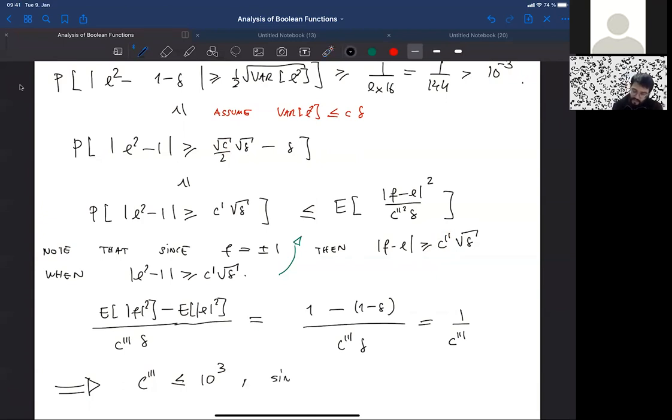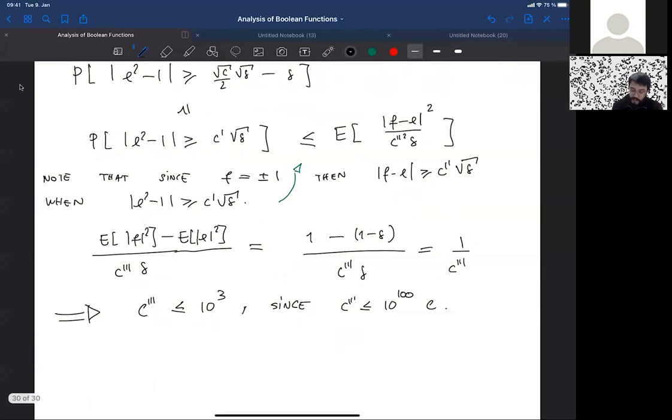So since C3 prime is, let me just be super generous, 10 to the 100, say, times C. Let's say C3 prime is equal to that guy.